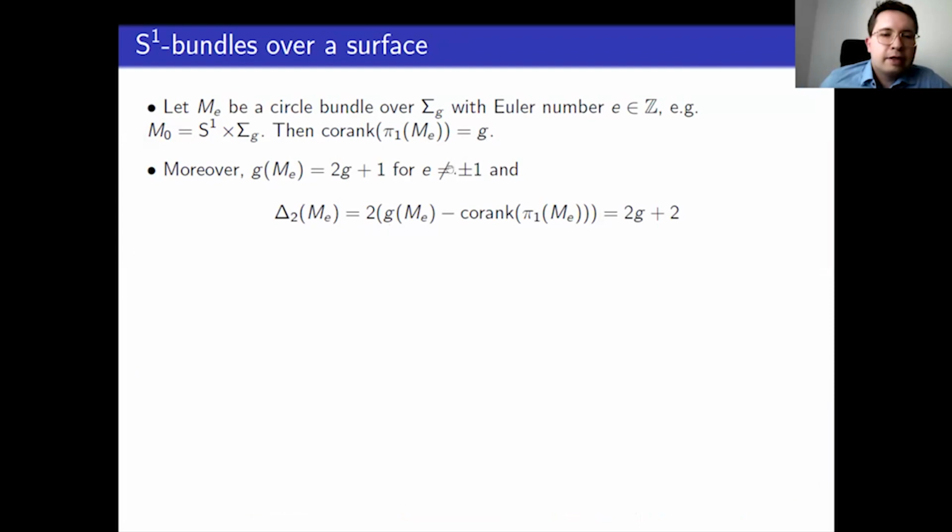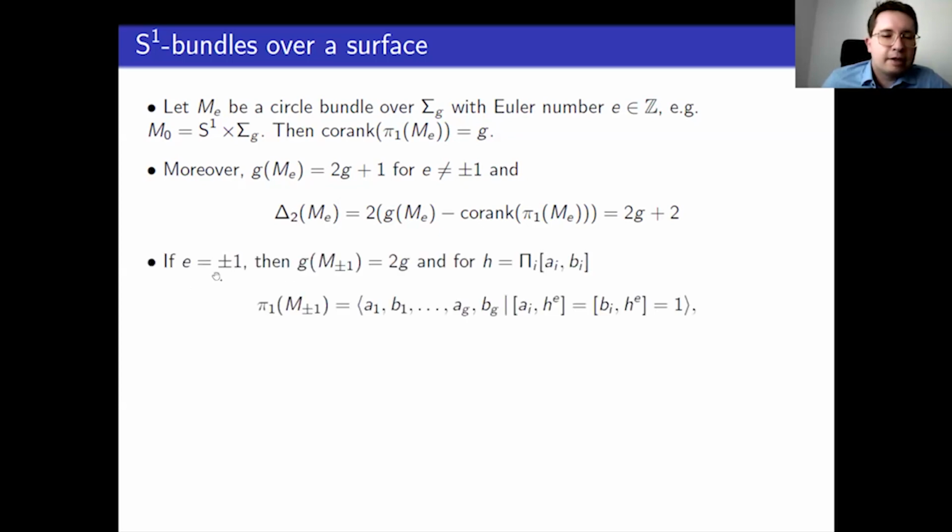And if the Euler class is not a generator, not plus minus 1, then the heegaard genus is 2g plus 1. And in fact, we have equality in our bound. So it has nice properties. We can find a maximal Morse function with minimum number of critical points. But the question is, what happens when the Euler class is a generator? Then the heegaard genus is decreased by 1, it is 2g.